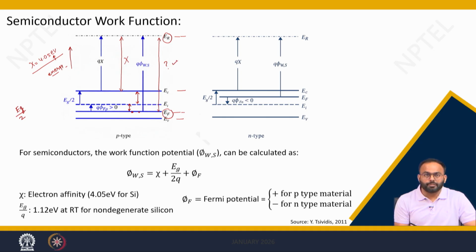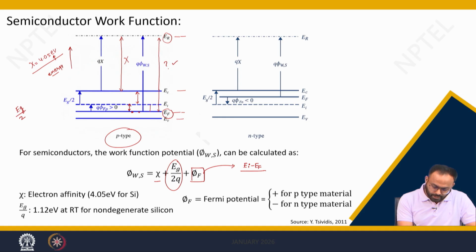So, the work function of a semiconductor for a p-type material can be given as chi plus Eg by 2 plus phi f. This phi f is nothing but the difference between Ei minus EF, which is called phi f, the Fermi potential.